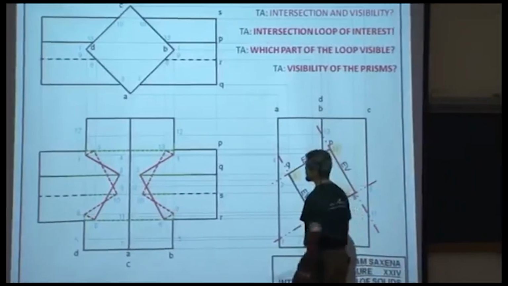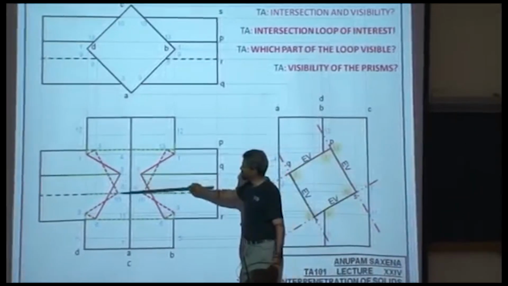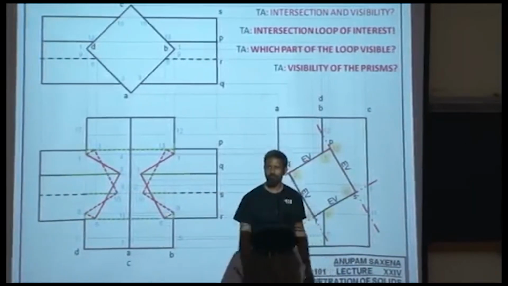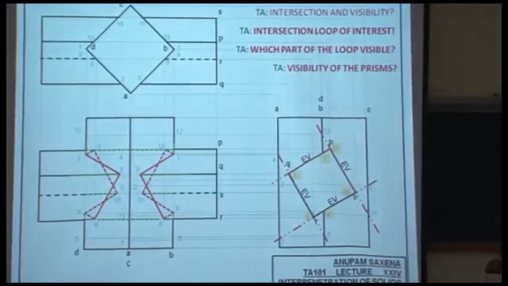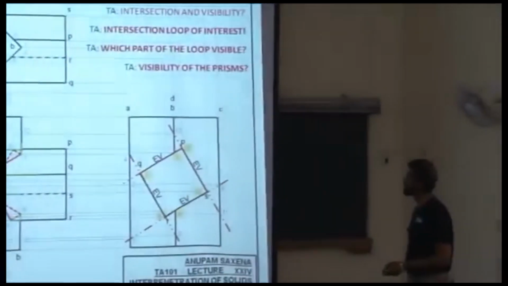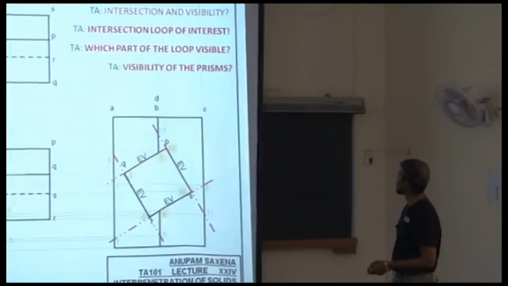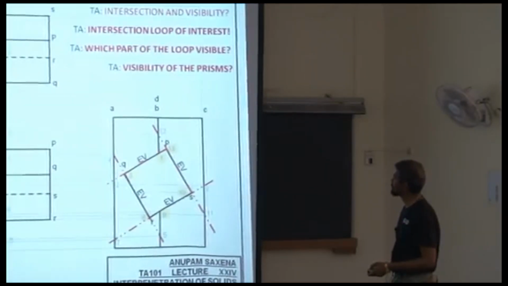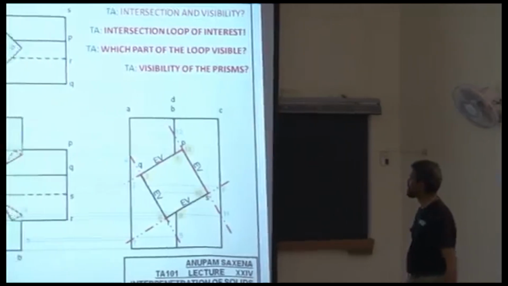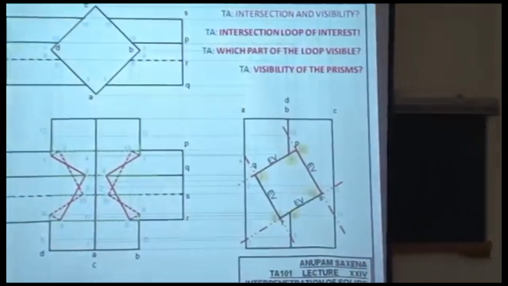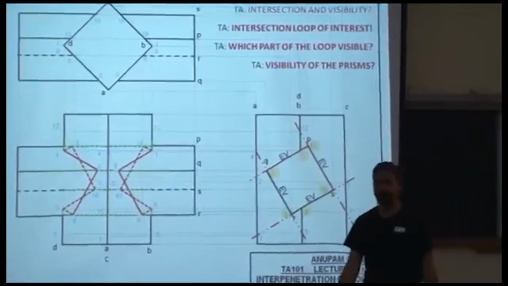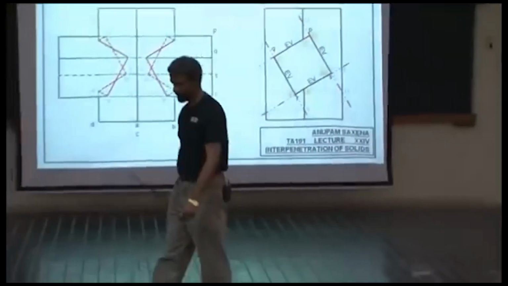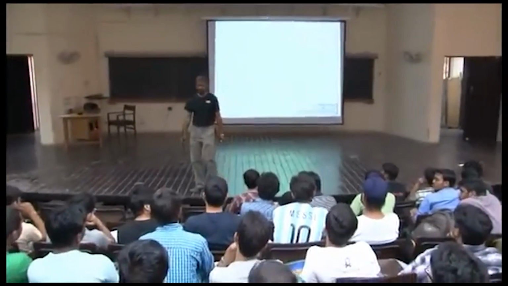What about 3, 3, 10, 10? This guy and this guy? Yeah. So we say that one solid has been cut through and the other is solid.